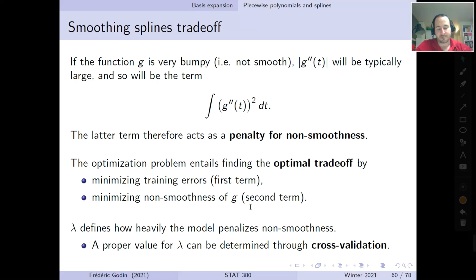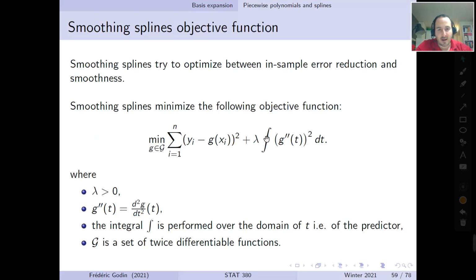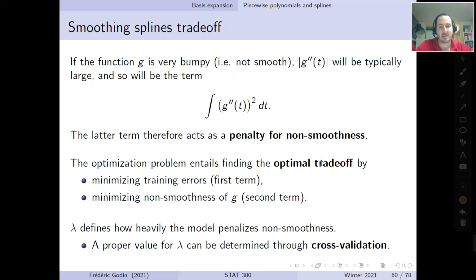Now if we go back here, there's this constant lambda that determines the intensity of the penalization. In practice, how do we find lambda? Well, it's the same thing as for other penalization methods we've seen earlier in chapter 3. Typically to find the suitable lambda, it's through cross-validation or out-of-sample performance assessment.